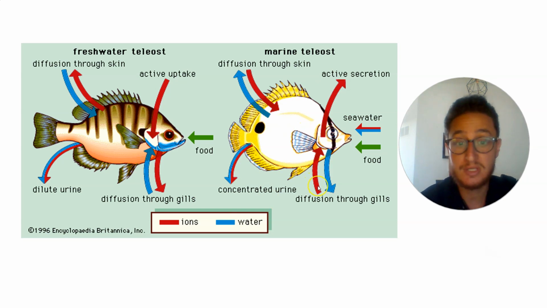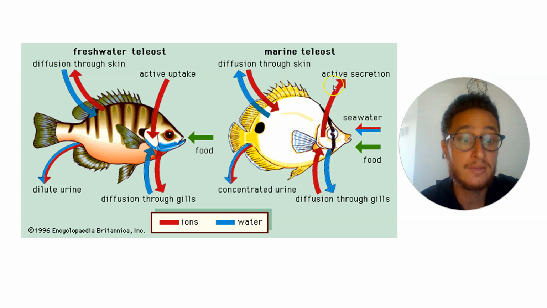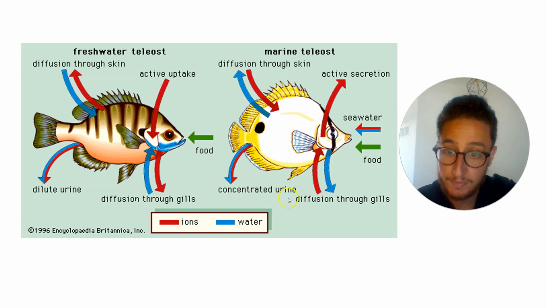And ions are going to be in this perpetual state of wanting to get into their bodies from the outside water. So they need to use energy to actively pump these ions out if they want to get rid of waste products. So they can either get rid of some of them through their gills or through their urine-like waste products. Okay, very concentrated urine, very dilute urine.